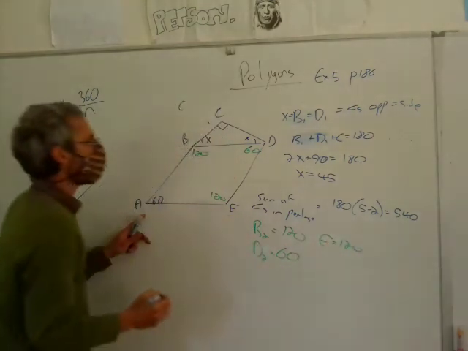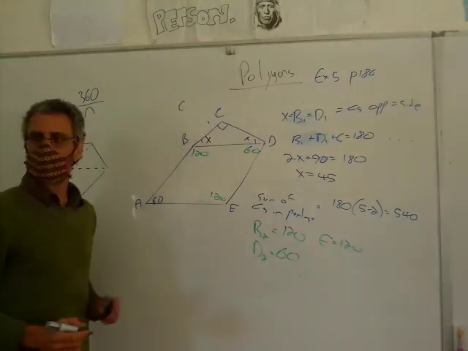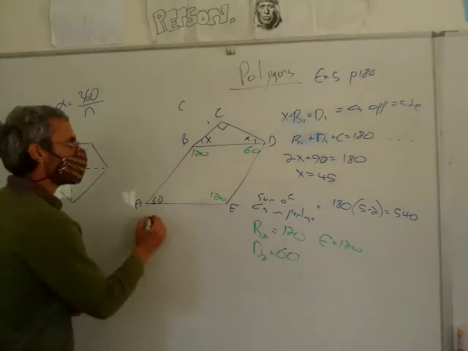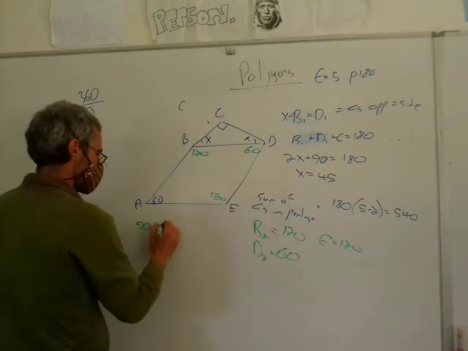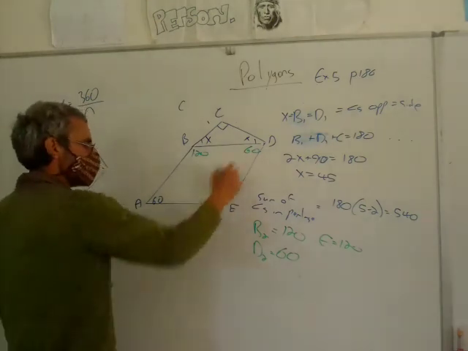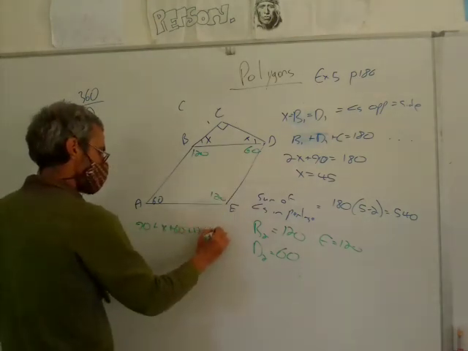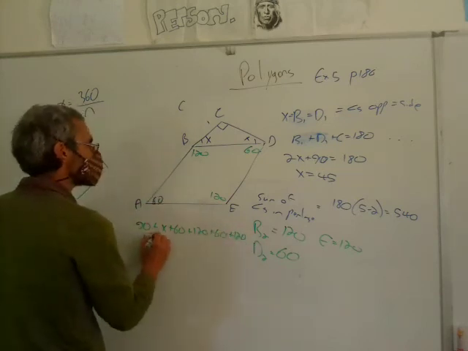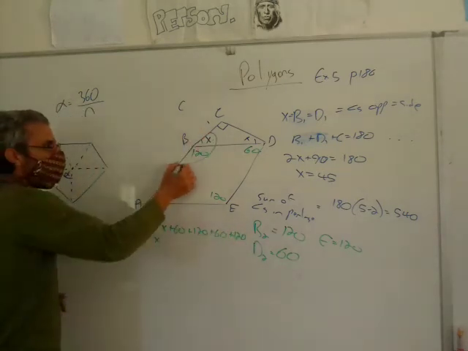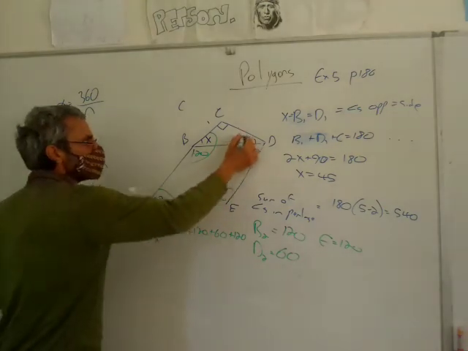Now I've got all the numbers. C I know is already 90, so I'm going to write down 90 plus x plus 60 plus 120 plus 60 plus 120 plus x, adding all these angles.